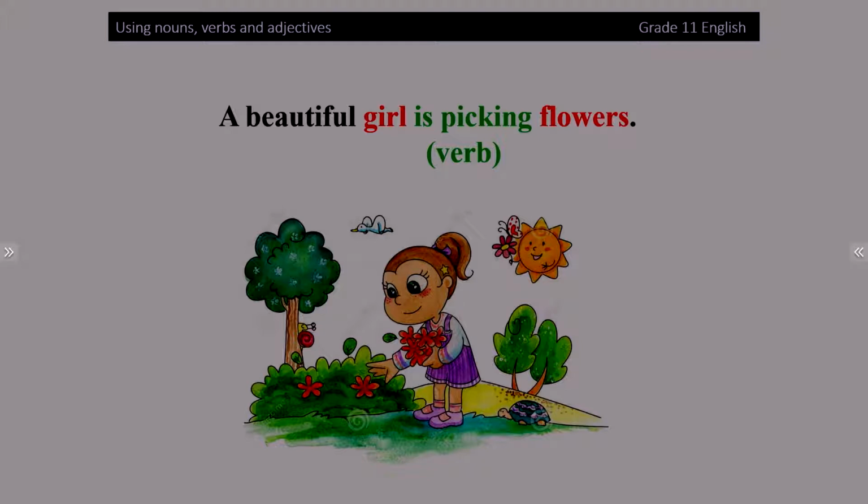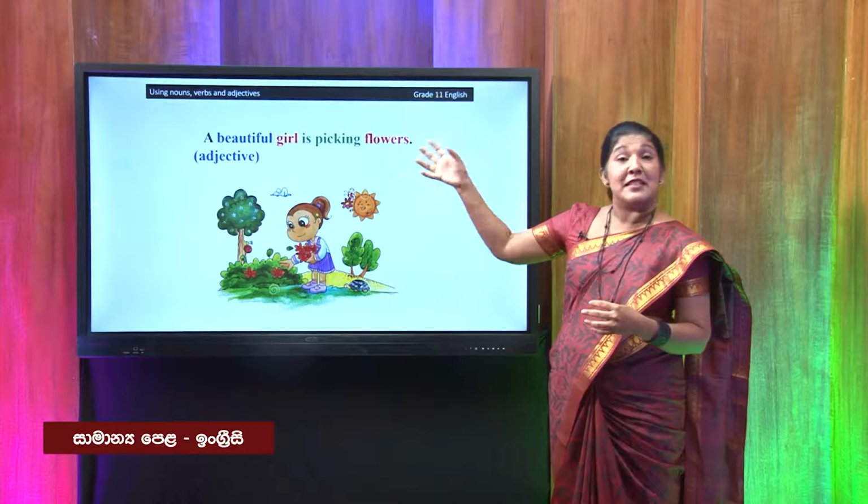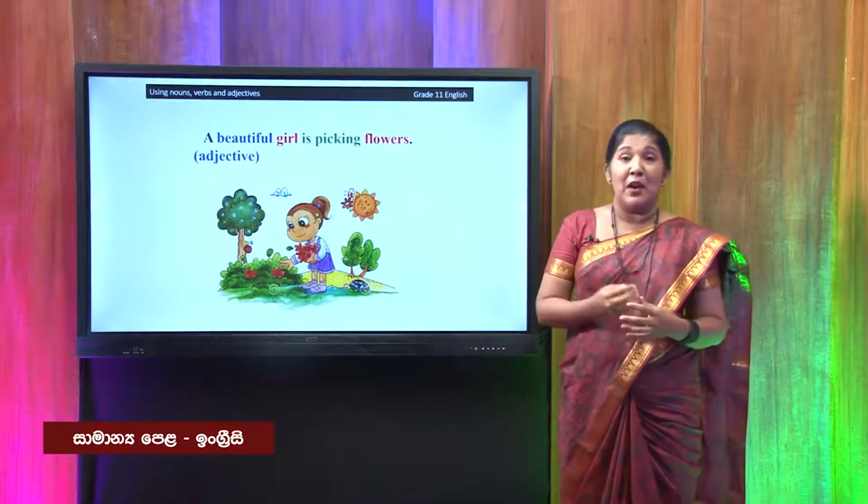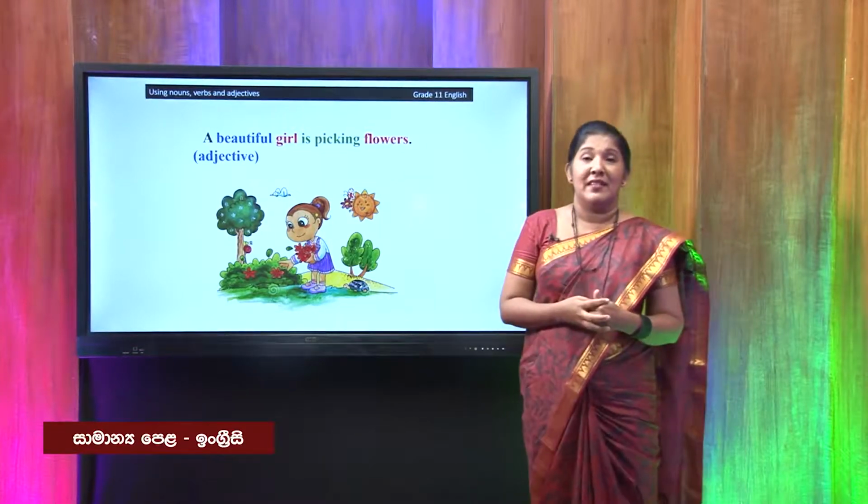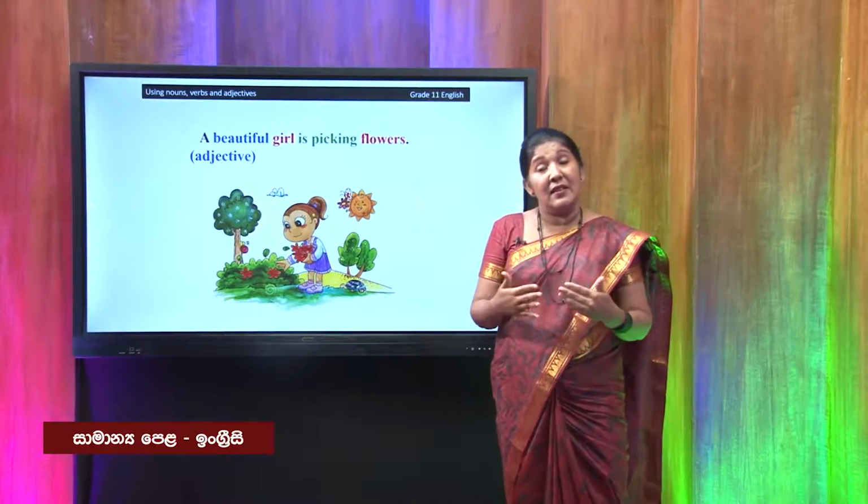And let's see the remaining one, the adjective. Okay. And you see it's in blue, the beautiful girl. The girl is beautiful and it's given in the sentence. It describes the noun even more clearly. It tells that the girl is beautiful.